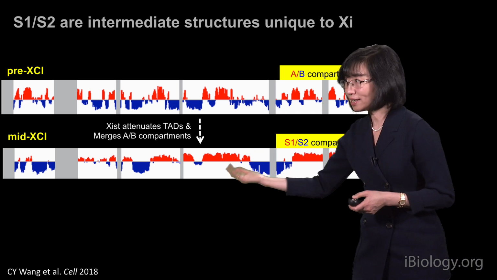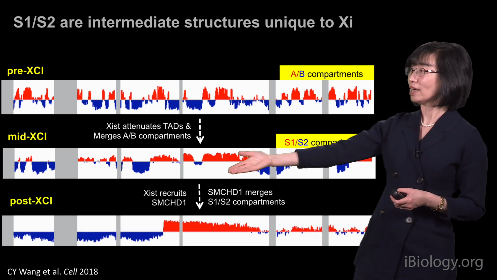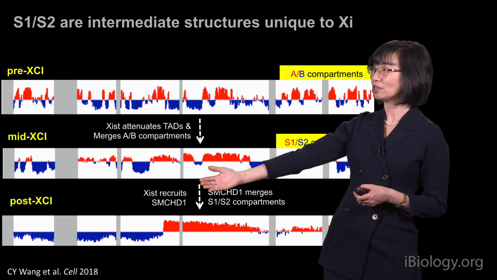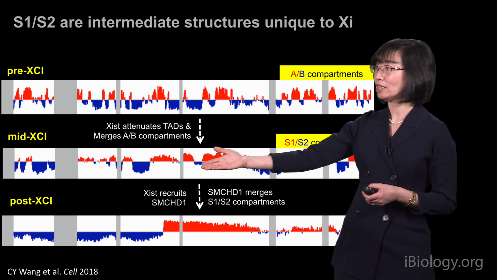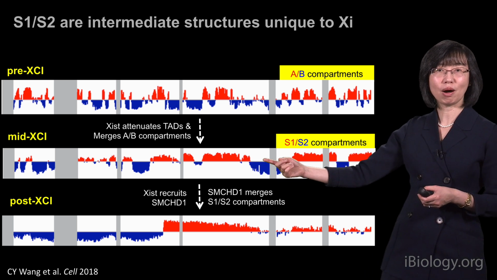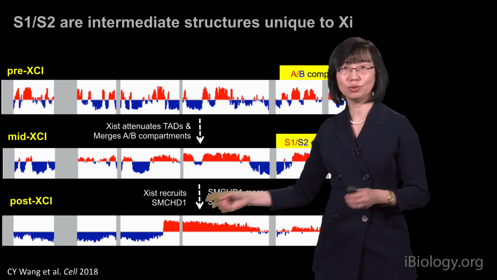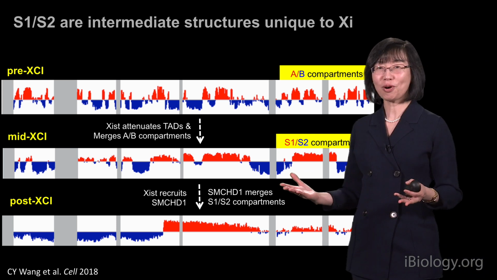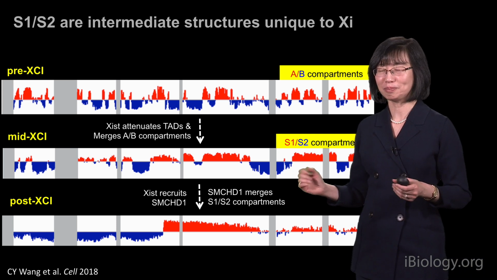And as X inactivation proceeds, Xist recruits SMCHD1, and SMCHD1 in turn merges the S1, S2 compartments into these two megadomains to form a compartmentless chromosome.